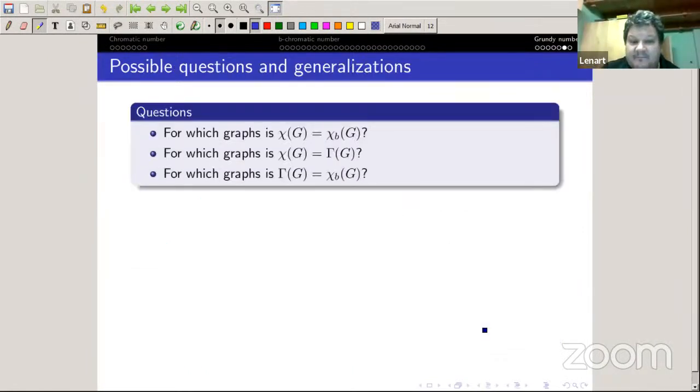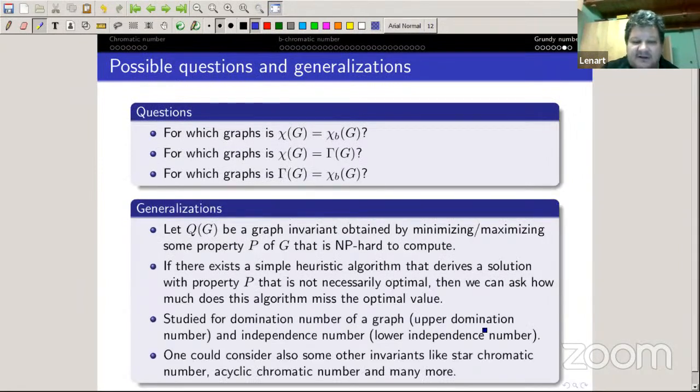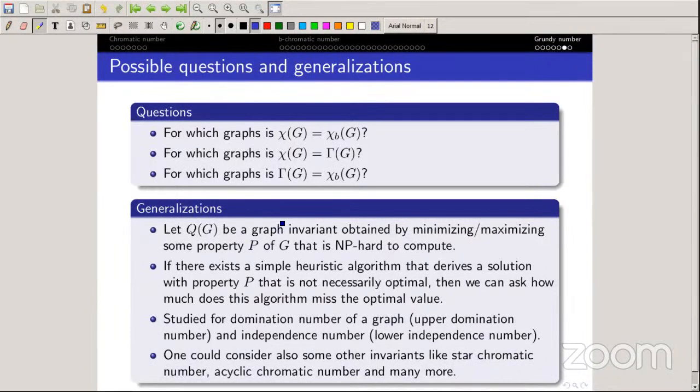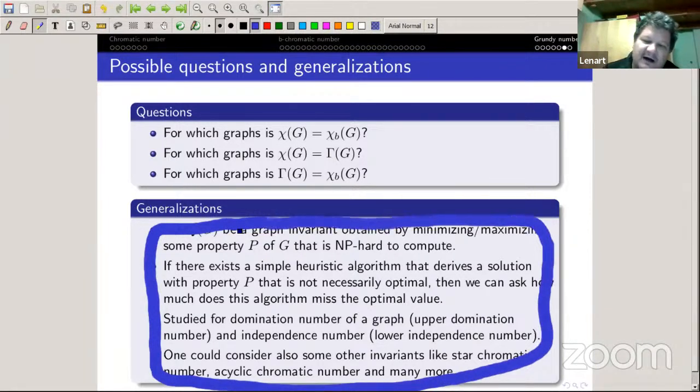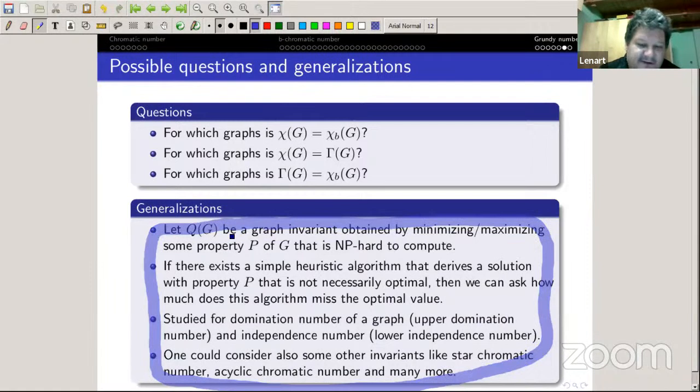Okay, this is actually the last slide, and I just wanted to say that something similar can be done for the other invariants. Whenever you define something by minimizing or maximizing some property, then you can do something similar and check what the difference is.